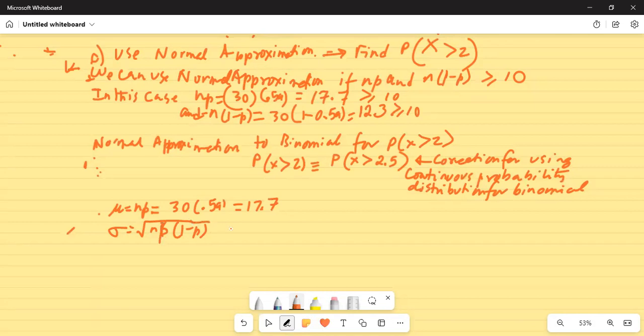So how do I do it in my calculator? I'll press the second button, then the x square button, that will give me the square root.